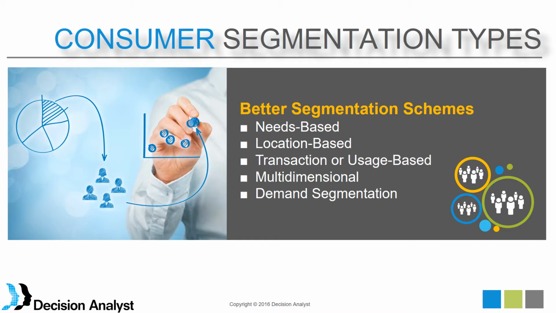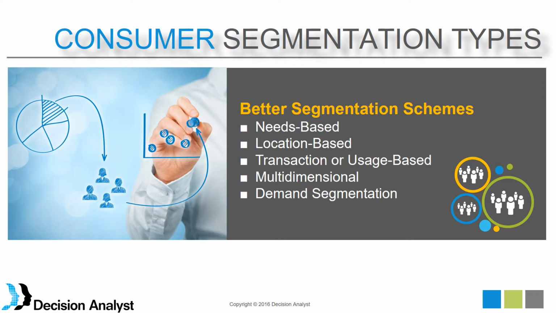This last technique is relatively new and extremely interesting, and several multinational companies are busy creating these types of segmentations. They're called demand segmentations, and we've heard some companies call them demand space segmentations. These segmentations consider different types of needs within different types of usage occasions.